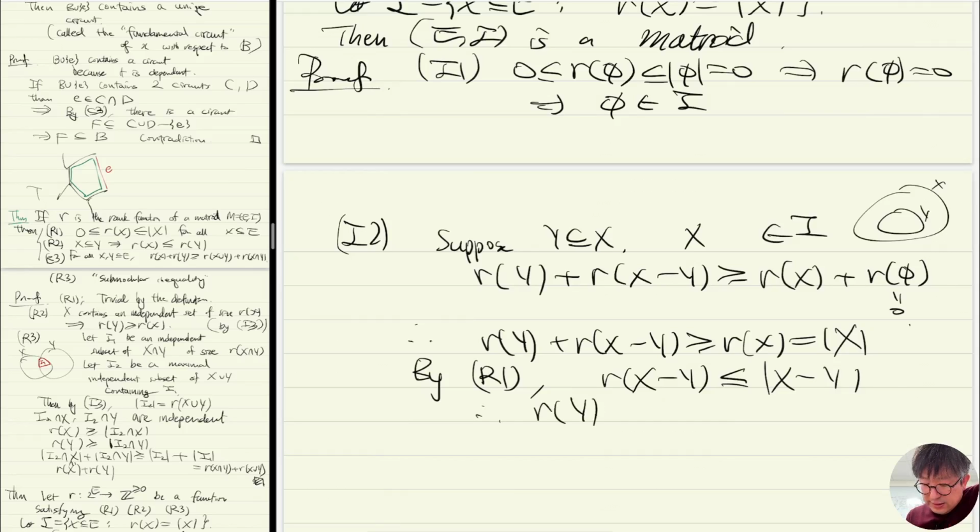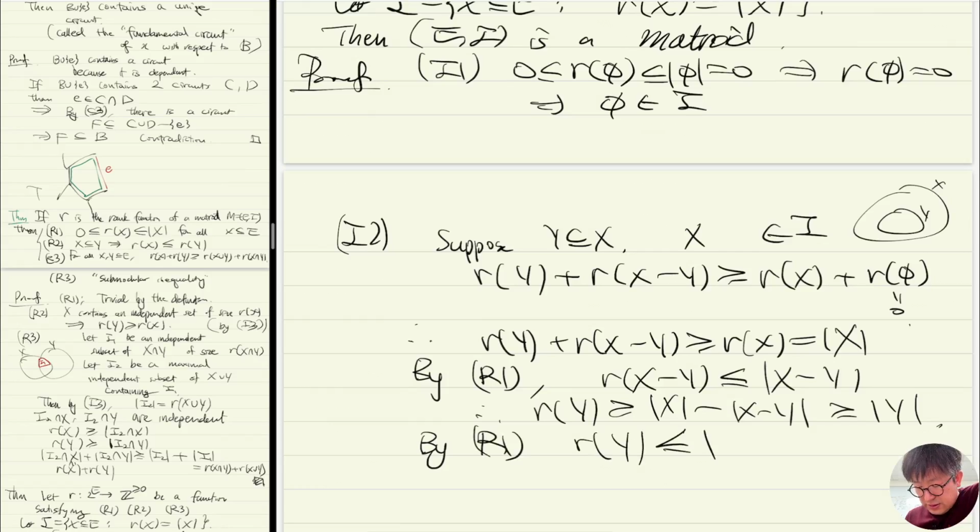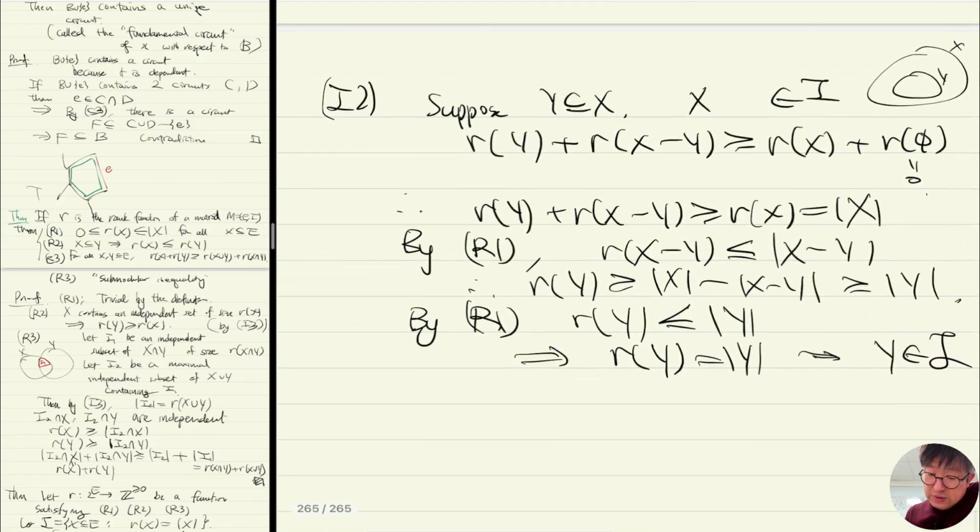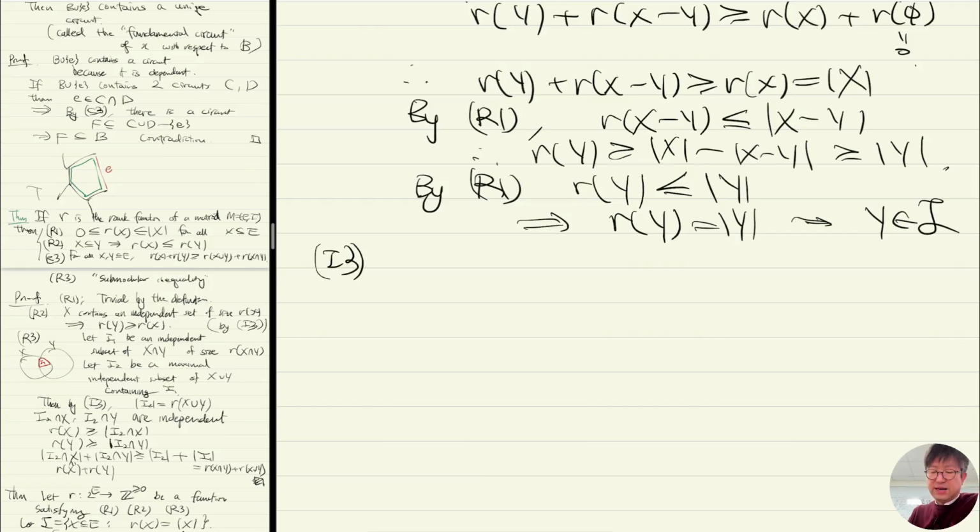So rank of Y is at least size of X minus size of X minus Y, but that's size of Y. And by R1, rank of Y is less than or equal to size of Y, so therefore rank of Y is equal to size of Y. So Y is independent. So these two properties hold. What about the last one? So suppose X, Y are independent sets of different size.